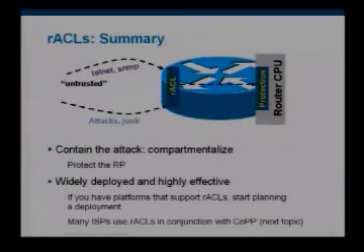So in summary, RACL sits here before the process. So that is the processor. RACL will stop anything going to the process, whether it's OSPF or BGP or Telnet or whatever. Okay, it protects the route processor. Now, if you have a platform that supports RACL, start planning to deploy it.